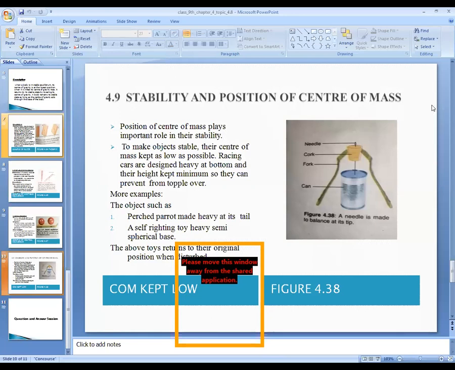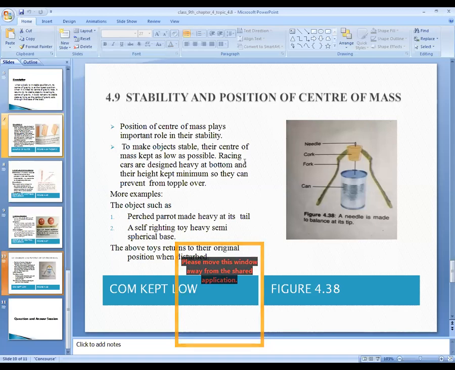This topic plays a very important role in stability, because all things are designed based on this principle. When we move further ahead, I will tell you what practical things are based on this principle. To make objects stable, their center of mass is kept as low as possible.